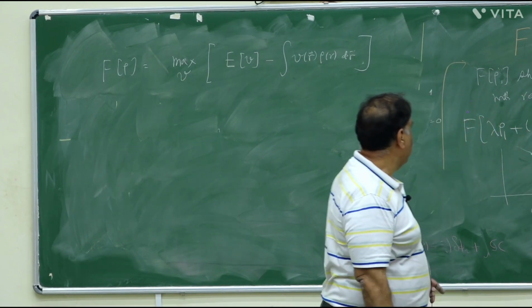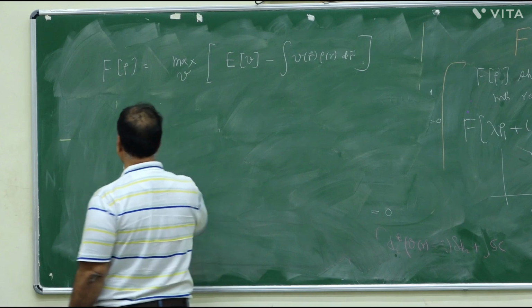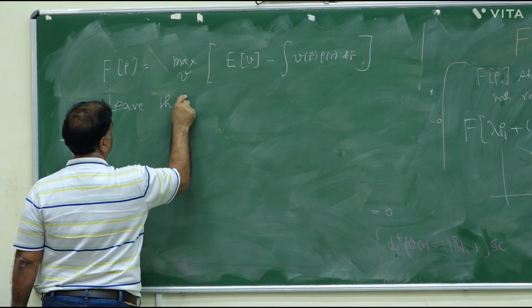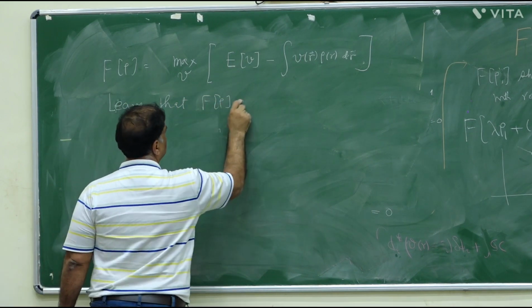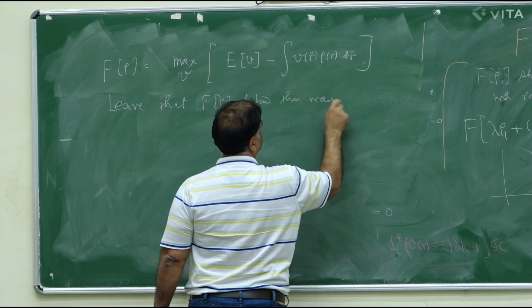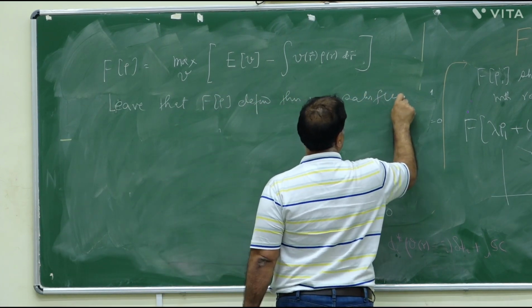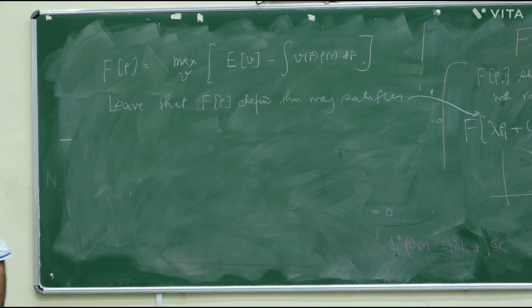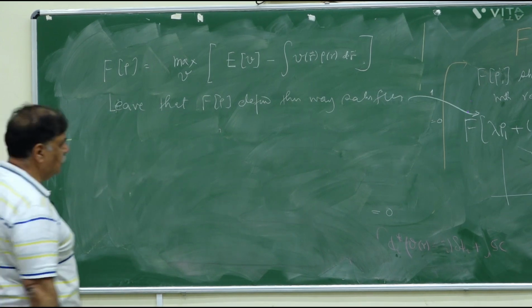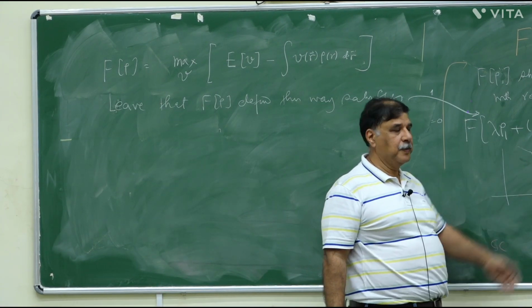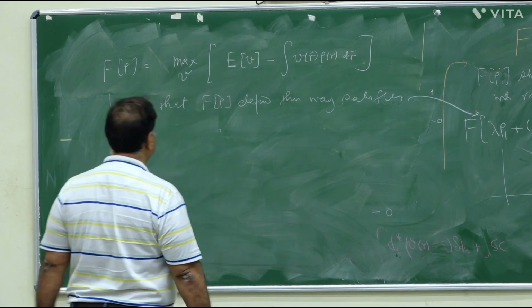Now since I did that, I'll leave it as an exercise for you to show that F rho defined this way satisfies this. When you define it like this, you can show that it satisfies the convexity property.